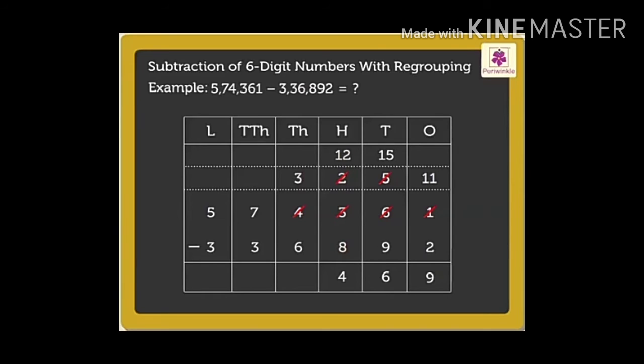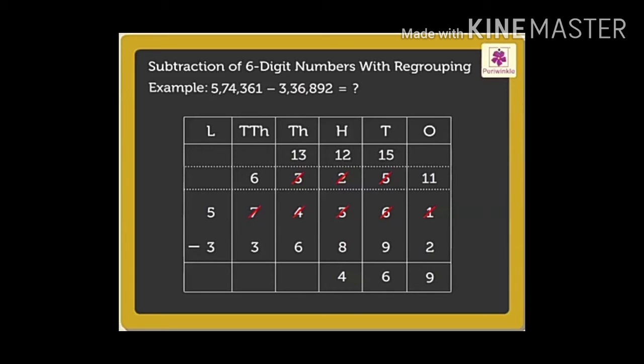Next thousands place. Here also 3 minus 6 we cannot subtract, as 3 is less than 6. Again we have to borrow from the 10,000 place, or regroup the 10,000 and 1000 place.